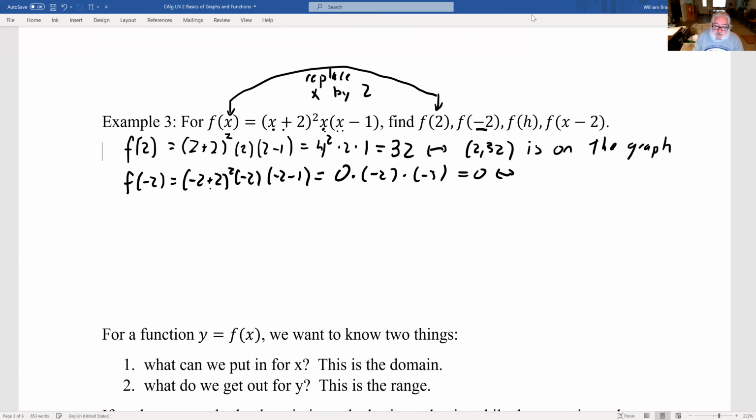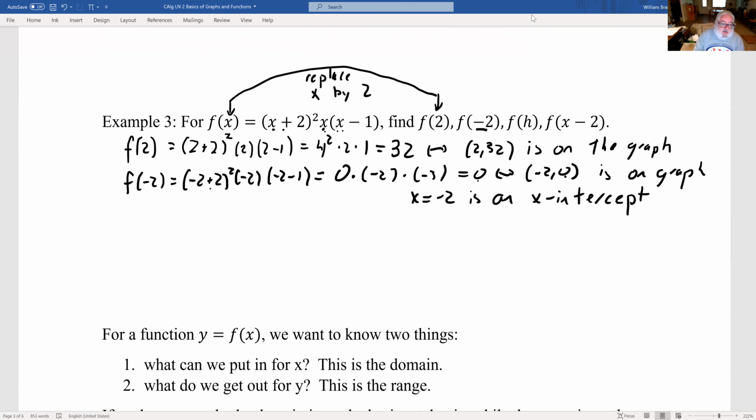What does that mean? That means minus 2 comma 0 is on the graph. What it also means is that the y value is 0. So x equals minus 2 is an x-intercept. Whenever you get a y value of 0, that means you're dealing with an x-intercept.